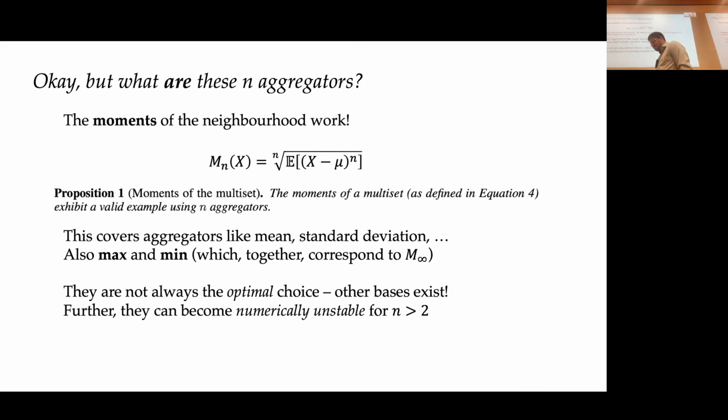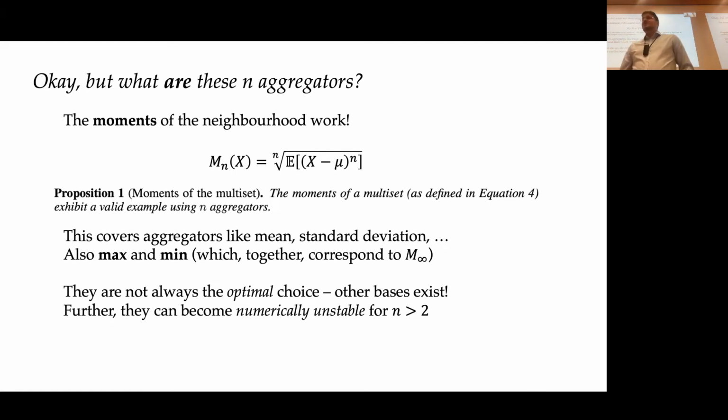So we've been able to prove that if you have n neighbors, to be able to tell them apart with real-valued features, you need at least n aggregators. But that still doesn't tell you what those n aggregators are. So how can I, even though I know it's very expensive, create n aggregation functions that work? Well, we prove in our paper that one collection of functions that works are the nth order moments of the neighborhood.